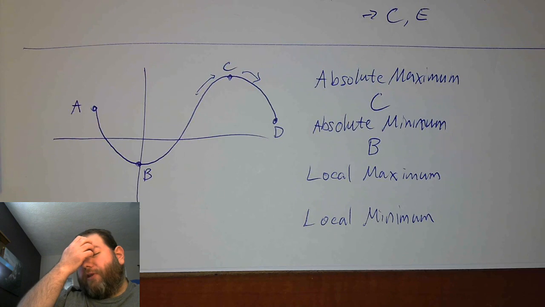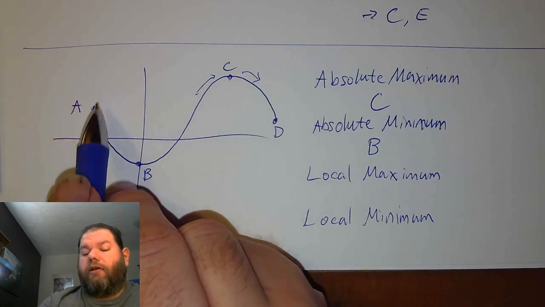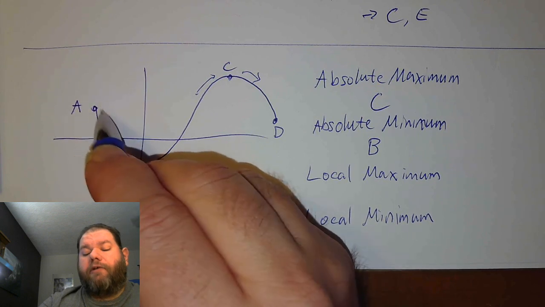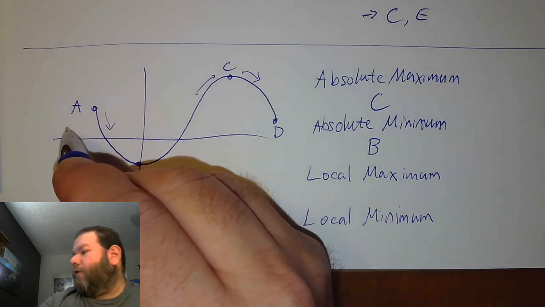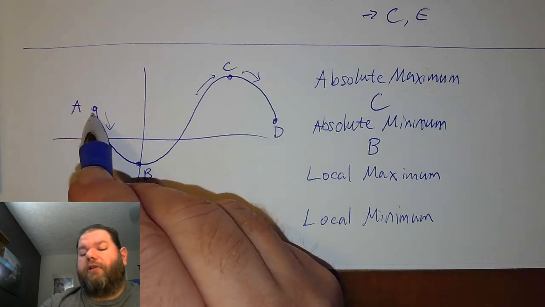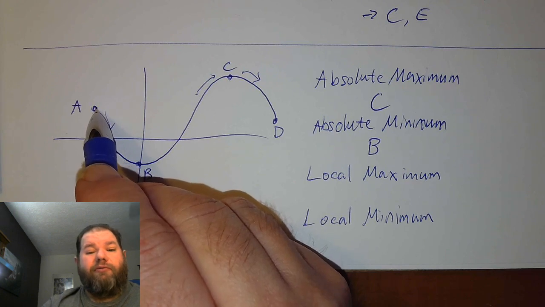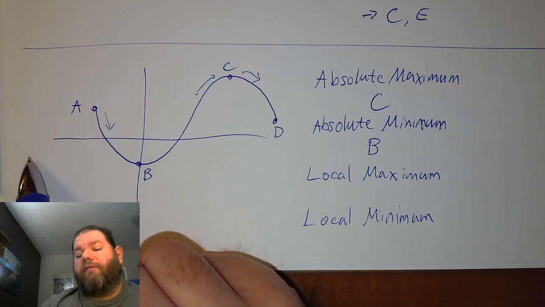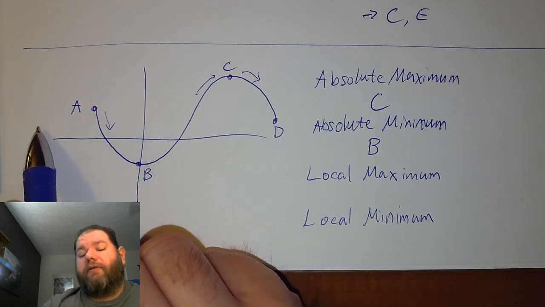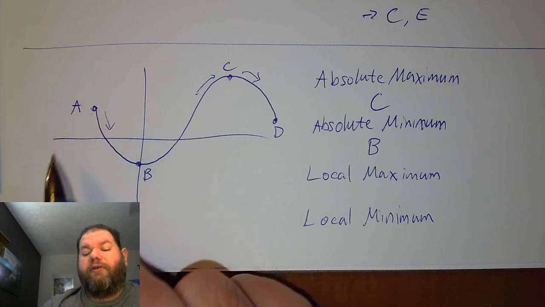Now, the problem with A is that after A it decreases, but to the left of A, is it ever increasing? Well, there's no graph to the left of A, so we don't know what happens there, and therefore we can't say it's increasing or decreasing.